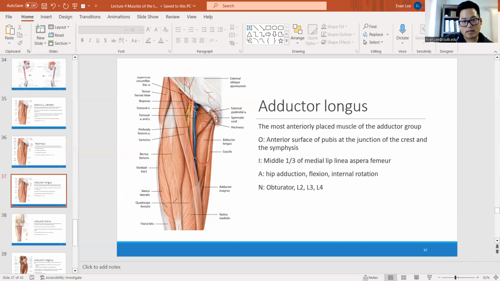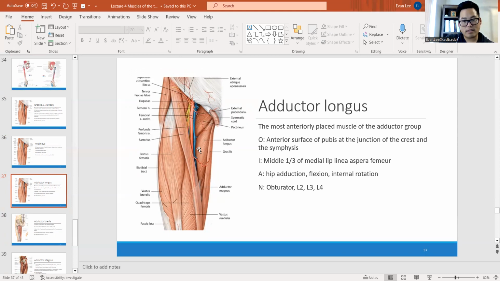Now adductor longus is our next adductor here, and if you look closely, directly under pectineus, you can see adductor longus. But then another thing to look for is that gracilis is over here on the medial side. Adductor longus is right in front of it. So between pectineus and gracilis, that's where you find adductor longus.